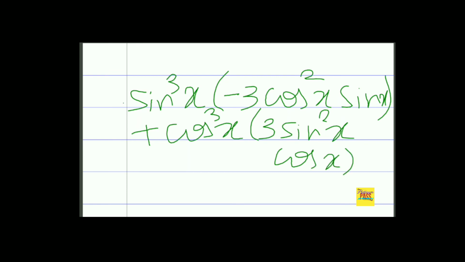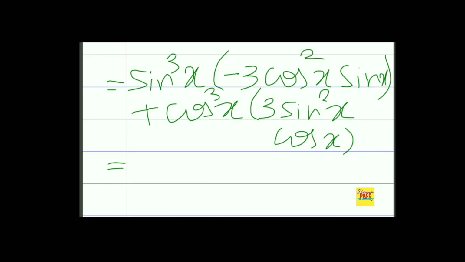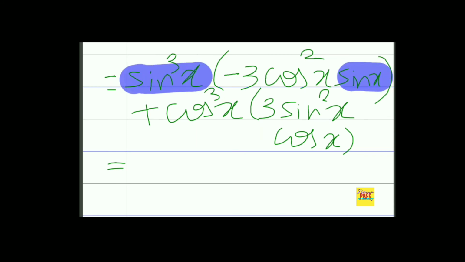Now we have to simplify these terms. This sin x and this sin x have the same function and get multiplied, so the power will be increased, that is sin to the power 4 x, and cos remains as it is, with the minus 3 defined first: minus 3 sin 4x cos square x.